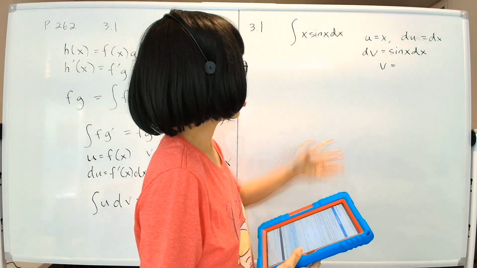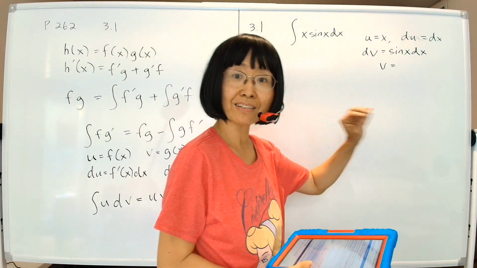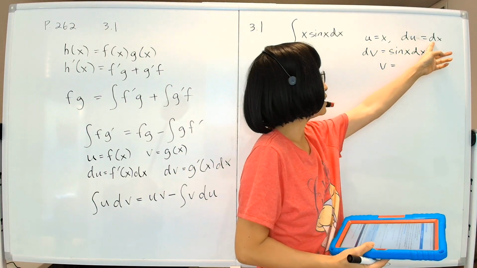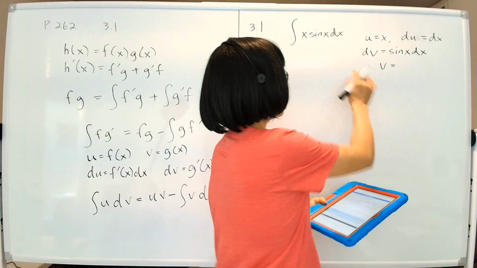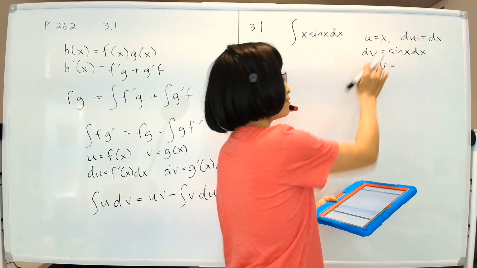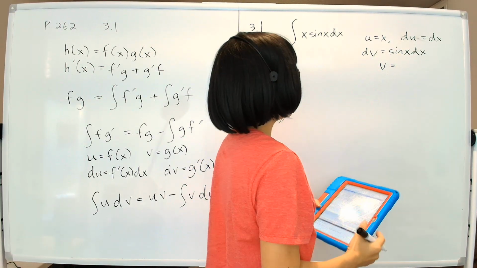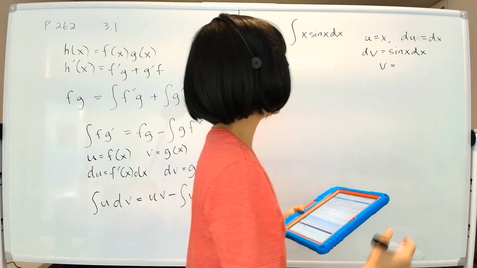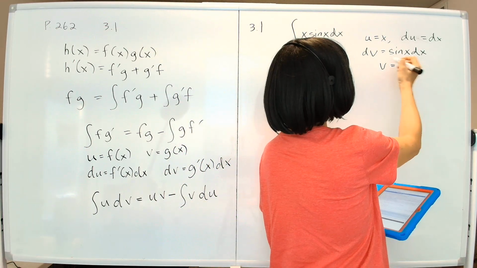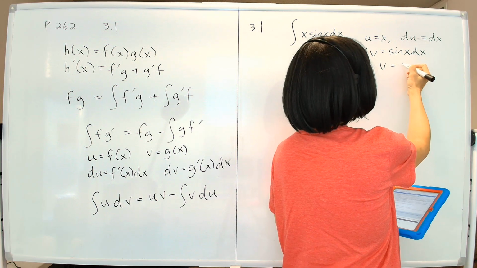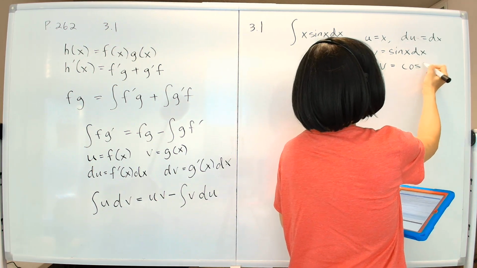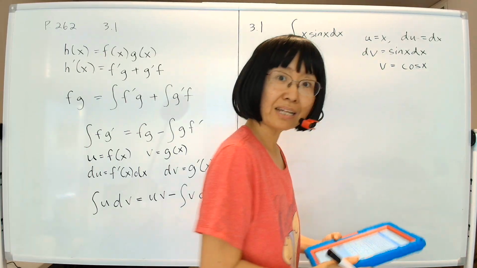That's what I mean by you have to do the differentiation and integration in the same problem. Here you do differentiation, which happens to be an easy one. Here you have to do integration. What is v if dv is sine x dx? You remember from that chart that I just showed you, the derivative of cosine becomes sine, except that there's a negative sign.